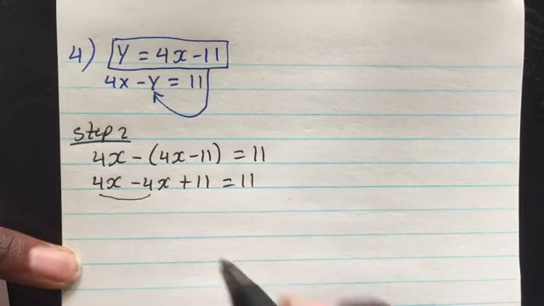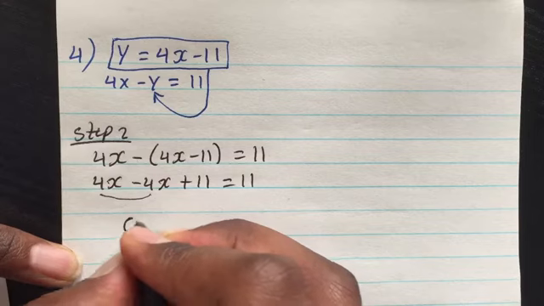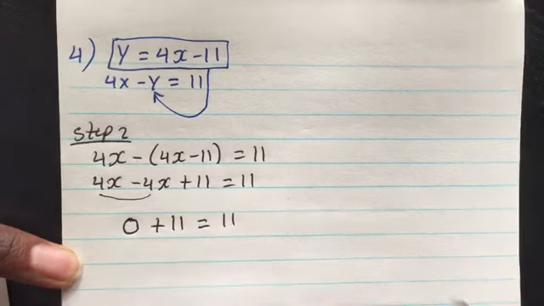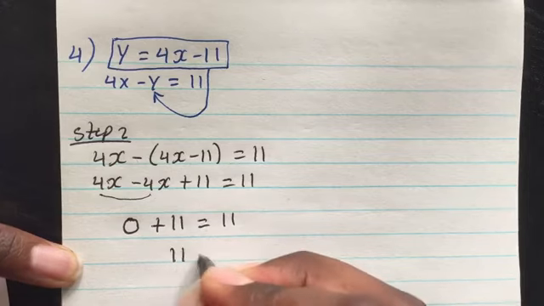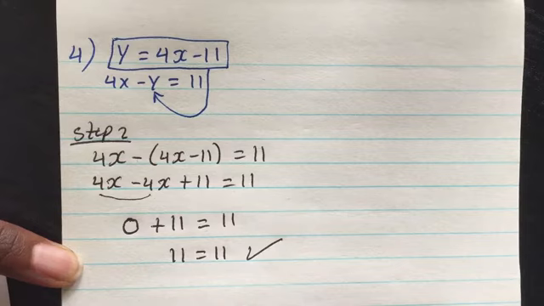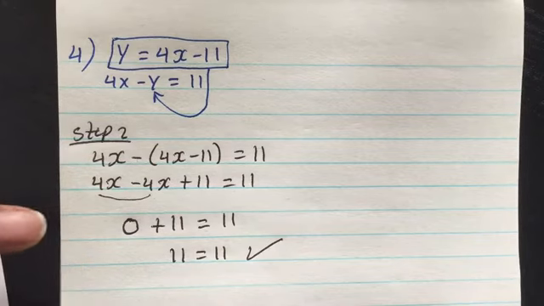Combine the like terms, that makes 0 plus 11 equals 11, which is 11 equals 11. This is true, right? Now, what does that tell us?